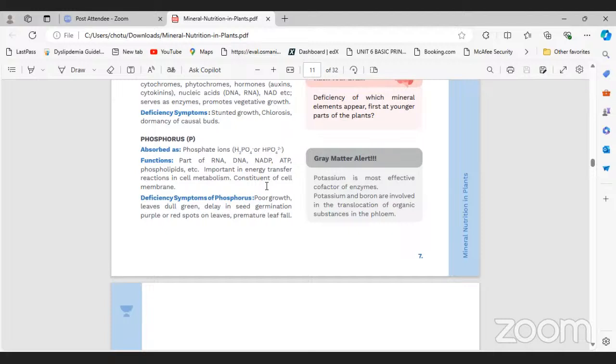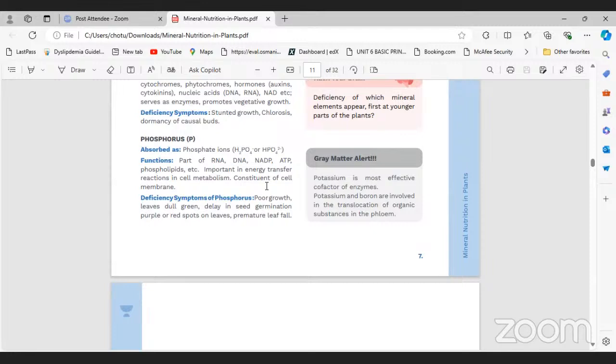Phosphorus is a vital structural component of nucleic acids, nucleoproteins, phytin, phospholipids, sugar phosphates, ATP, NADPH, and numerous phosphorylated compounds.